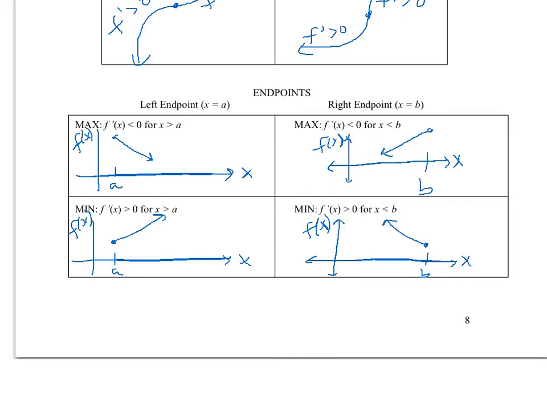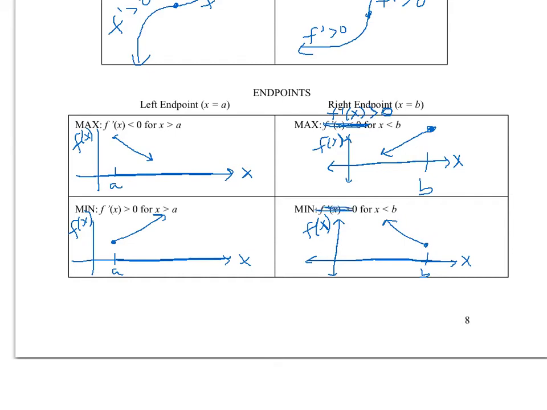Okay, so again, for the graph of f of x, this is supposed to be filled in. At the right endpoint of the interval, as long as your derivative is less than 0, that's not quite right. These are flip-flopped. Your derivative would have to be greater than 0. Sorry about that typo.